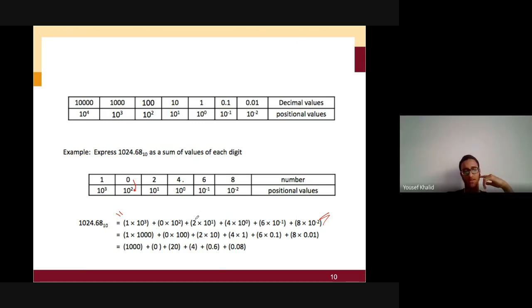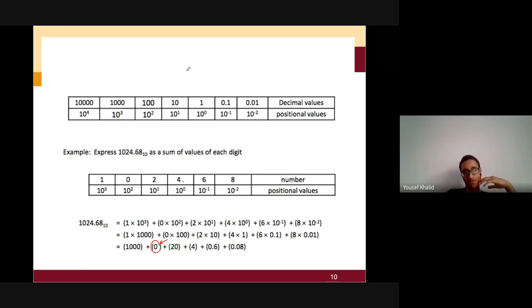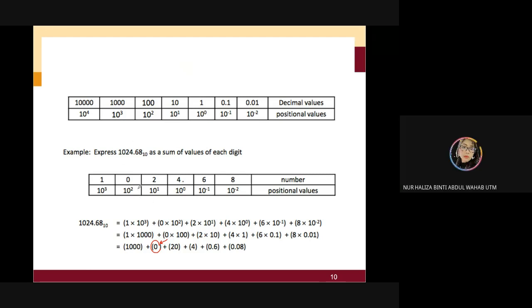Isn't the outcome going to be different? 0 multiplied with 100 will be 0. What is your question basically? You can see over here, this one is 0. Whatever number you multiply 0 with, it will be 0.